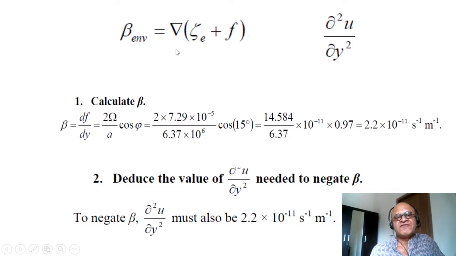So to see if the cyclone beta gyre effects together can cancel the environmental beta, we can see whether the relative vorticity, which is du/dy itself, can have a gradient that is larger than beta.